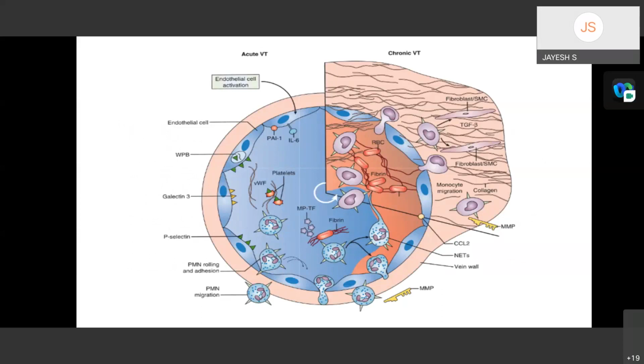In acute DVT, you can see different cells recruited into the thrombus, including neutrophils, and different molecules are represented in the picture. Chronic DVT is mainly due to the activity of fibroblasts and smooth muscle cells.